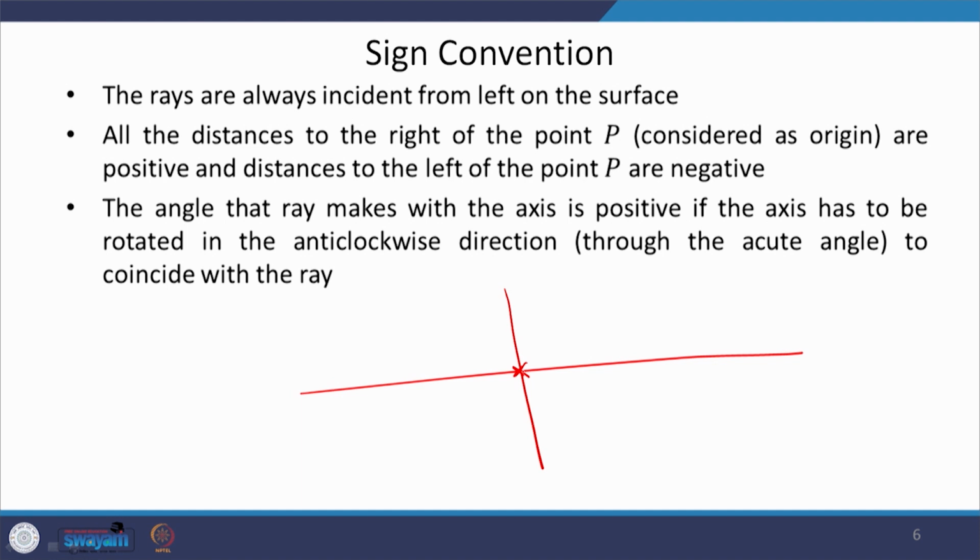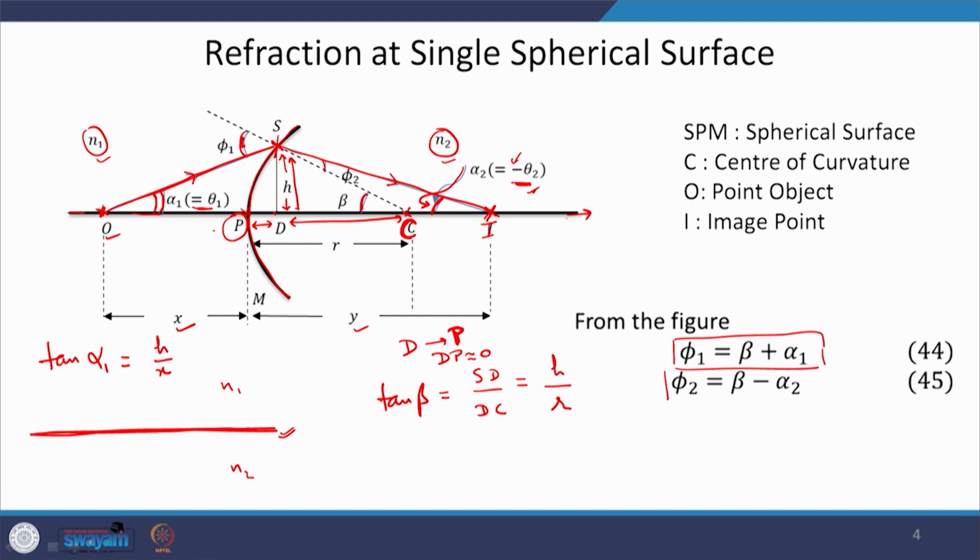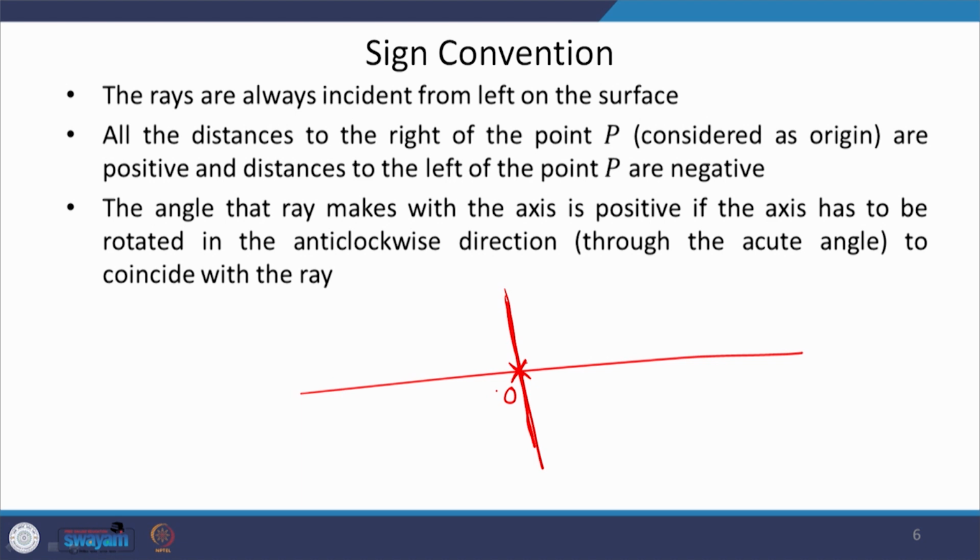Now, if the curvature which separates the two refractive index media is here, which is either a straight line or a curved surface, its center point, this point P, is assumed as the origin. Suppose the origin is point P, then we will try to understand how the signs of distances are taken.